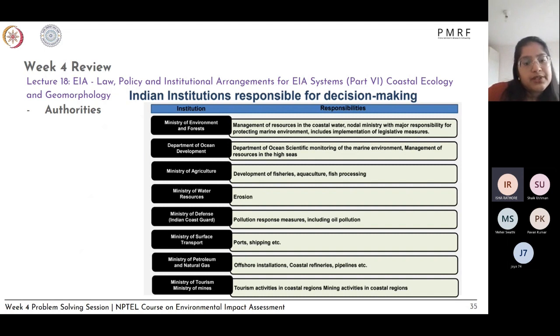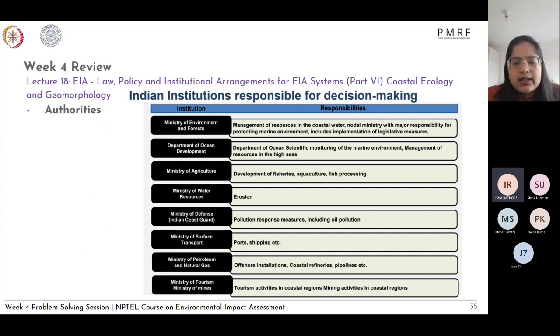Then we also have the Ministry of Defense or the Indian Coast Guard, which looks at pollution response measures, including oil pollution through oil spills and effluents being discharged from the industries. Then we have the Ministry of Surface Transportation, which looks at the ports, shipping, etc. And the Ministry of Petroleum and Natural Gas, which looks at the offshore installation of petroleum plants, the coastal refineries, pipelines, etc., and ensures that these do not cause an accident or a disaster in terms of oil spills.